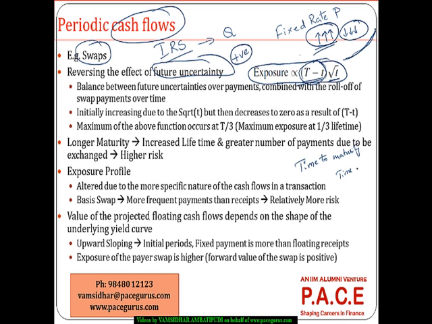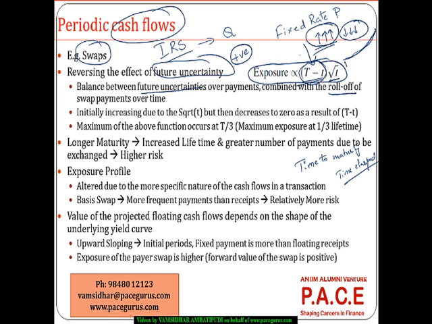So both of them will play an important role when we are trying to find out the exposure with respect to those instruments where periodic payments are there. For single payment forwards, plain vanilla swaps, plain vanilla options, we have seen that this is not an impacting factor. So there is a balancing out here between the future uncertainties along with the rolling of the swap payments across time. That's the reason there is a dependency on T minus t.